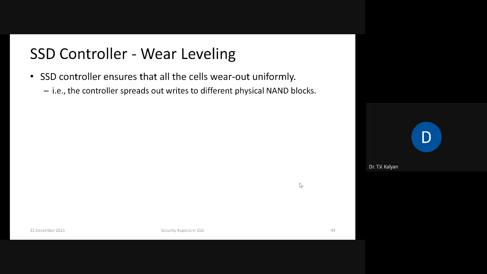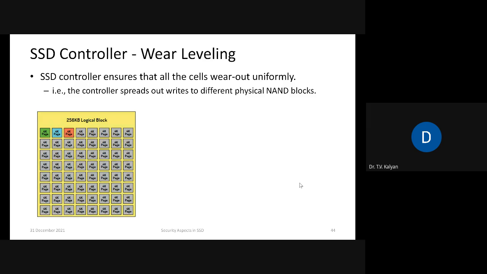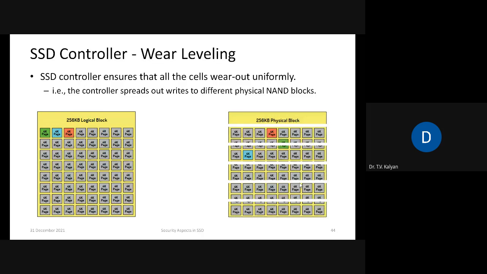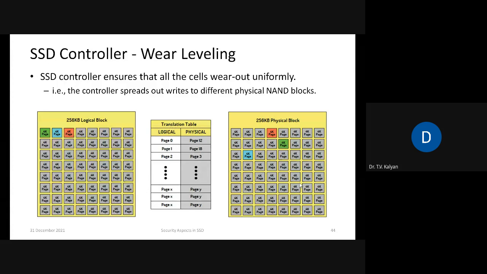does what's called wear leveling, wherein it will keep track of how many times a particular physical page has been written or erased, and whenever it needs to write, it will pick a new physical page. So that's where the translation table is useful.